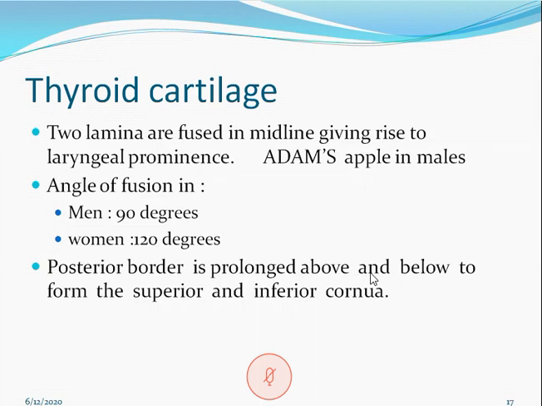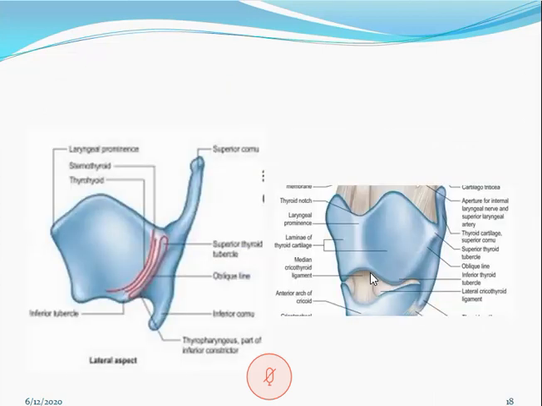In males, we call it an Adam's apple, as you know. The angle of fusion in males is 90 degrees, and in females it is 120 degrees. The posterior part is prolonged above and below to form the superior and inferior cornua, like this.